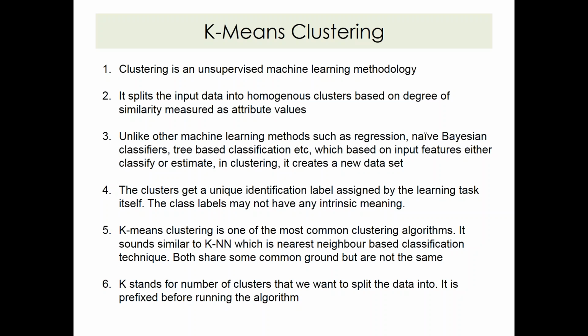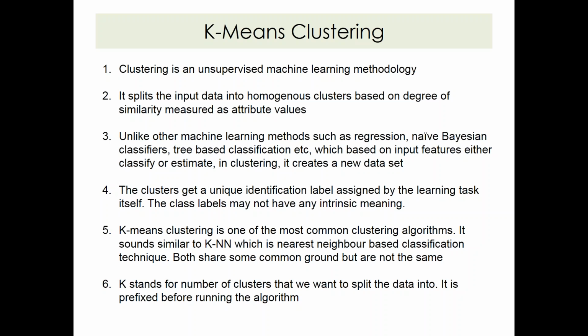So the new data point will also likely belong to the same group. That was KNN. In k-means, k stands for the number of clusters or the number of groups that we want before starting the algorithm.